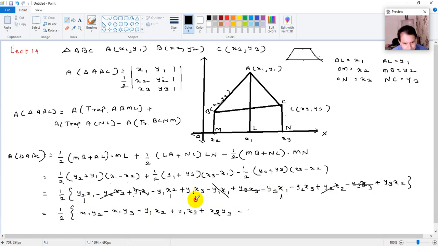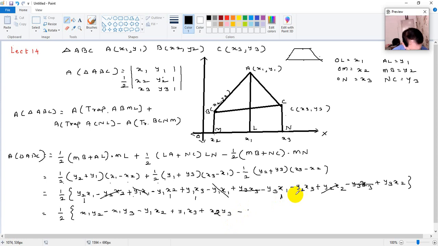This term is taken. So now this term is taken. These two are cancelled. This is taken. Right? This is also taken. So now what? What remains? Minus y2 x3 is also taken. Is it not? Minus y2 x3. This is not taken.